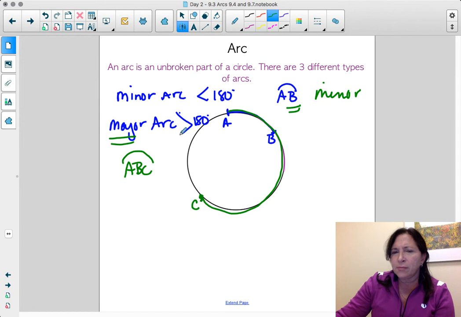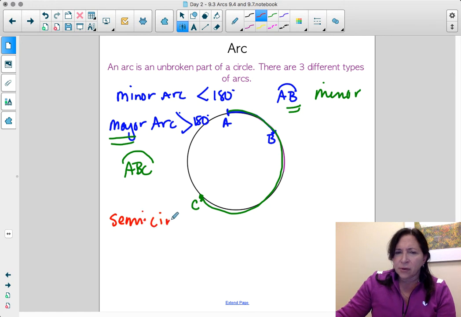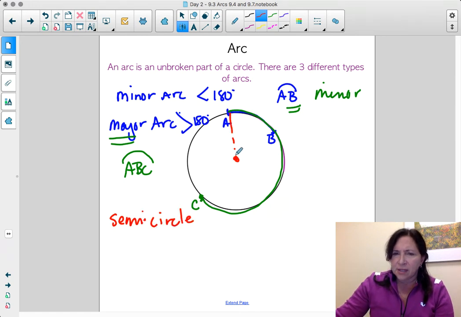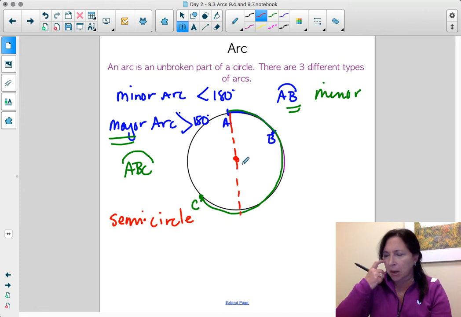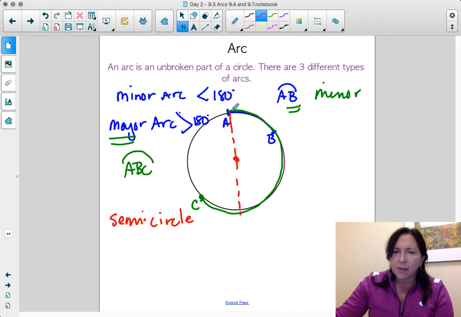Now, not only do major arcs use 3 letters, but we have another arc that's called a semicircle. And a semicircle goes through the center. There's your diameter. But your semicircle starts here and goes around all the way until the end of the diameter on the other side of the circle.